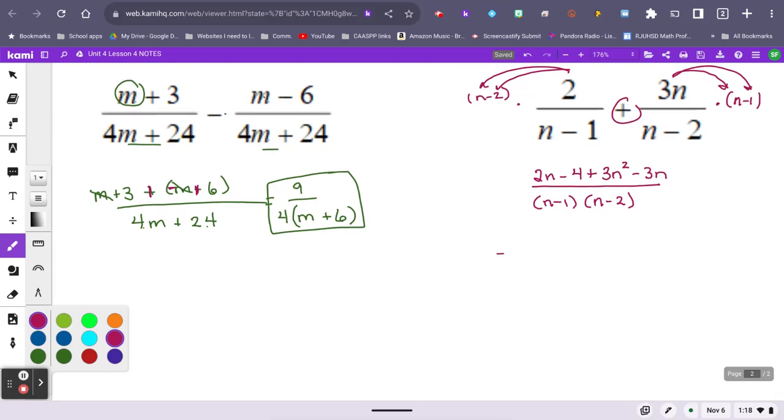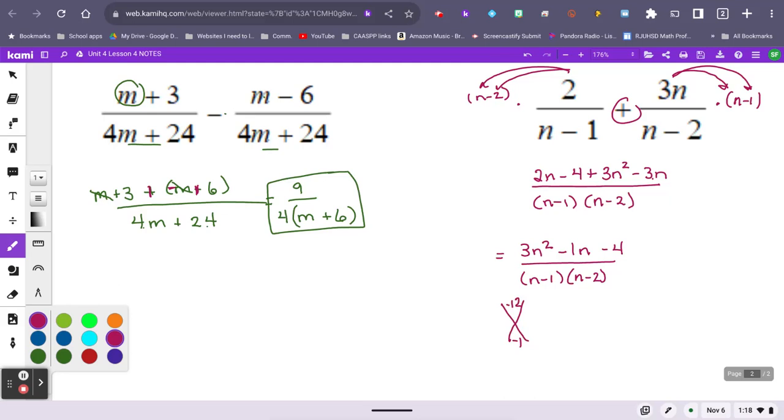Going to then simplify it. We're going to bring the largest exponent in front, 3n squared. 2n minus 3n gives us negative 1n. And then we have minus 4, over n minus 1, n minus 2. Okay, and then we want to see if we can simplify the 3n squared minus 1n minus 4. So we get negative 12, negative 1.